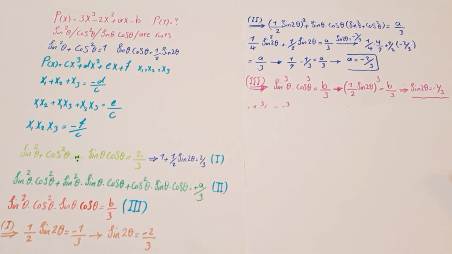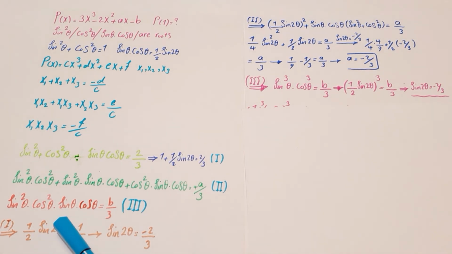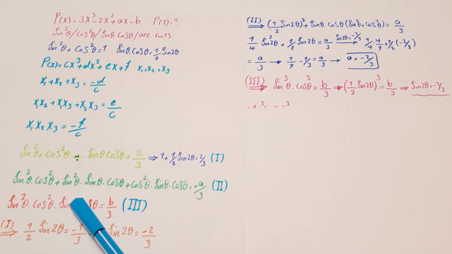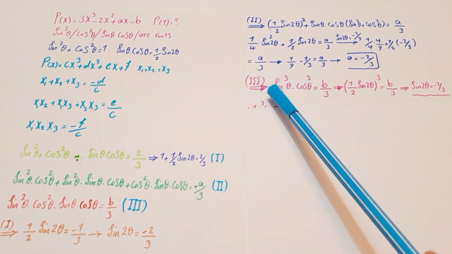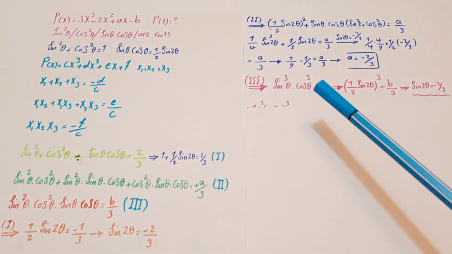And according to the third equation, what is this? This is sin²θ times cos²θ times sinθ times cosθ. We can write it as this one that I write here. That's better; we can calculate it so easily.